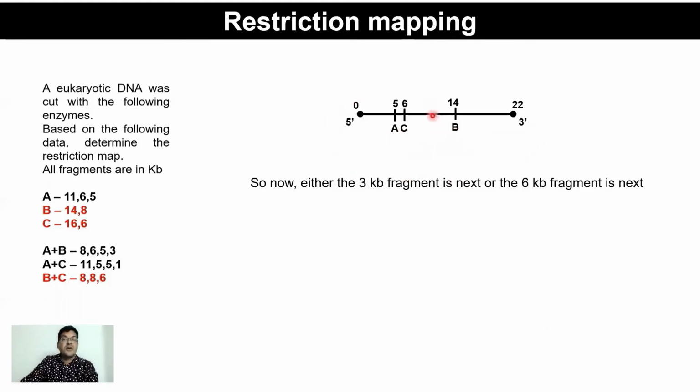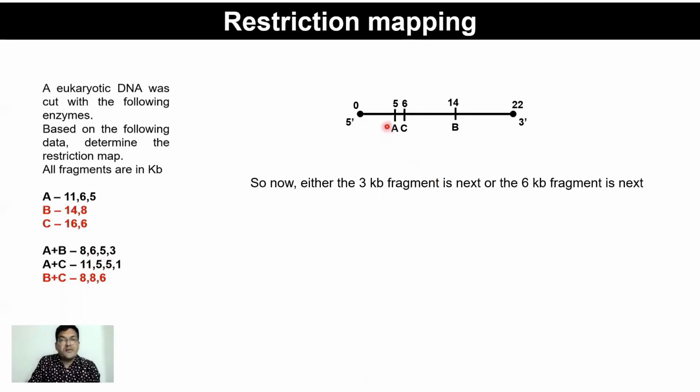For A, we had to do a bit of trial and error and see which fragment comes first within the 14 kb fragment of B. And we had the 3 fragments, and we found out that when you place A at the 5 kb position, you partially satisfy the double digest obtained on A plus C. So we are placing A with reference to B and checking whether the position is correct for the final map with reference to C. And you see you have a 5 kb fragment and a 1 kb fragment, which are clearly represented here as 5 and 1. And for the remaining fragments, where you have not placed the second cut site of A, you have a 16 kb fragment, which is 11 plus 5, which is equivalent to 16 here. Right? So this is the map here.